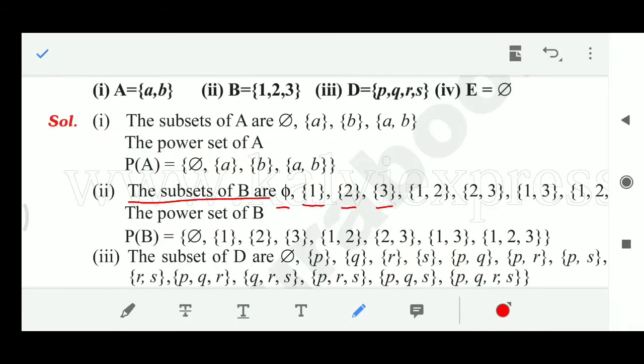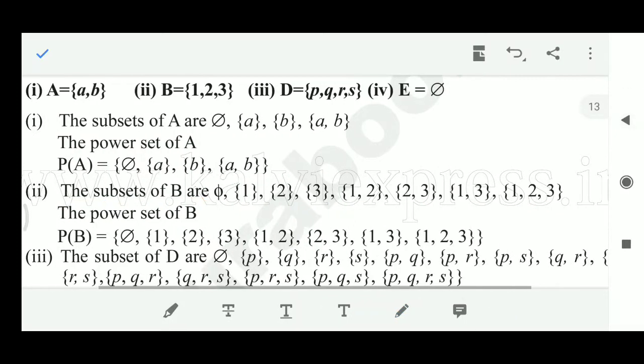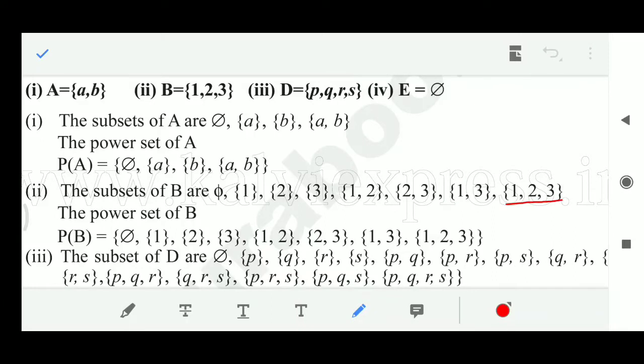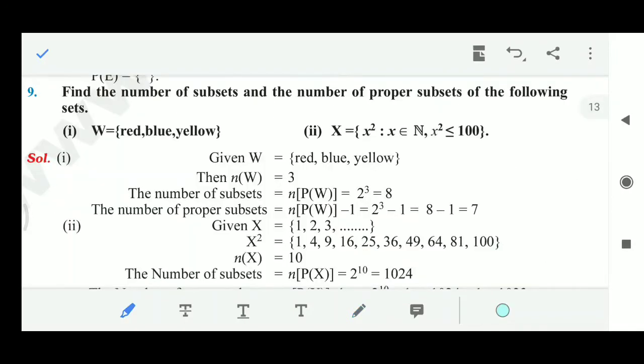The subsets are the null set, the sets containing single elements {1}, {2}, {3}, the sets containing 2 elements {1, 2}, {2, 3}, {1, 3}, and then the 3 elements {1, 2, 3}. To write the power set of B, you have to combine all these inside a set bracket. P of B is equal to the null set, {1}, {2}, {3}, {1, 2}, {2, 3}, {1, 3} and {1, 2, 3}.